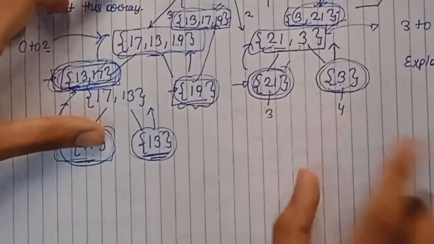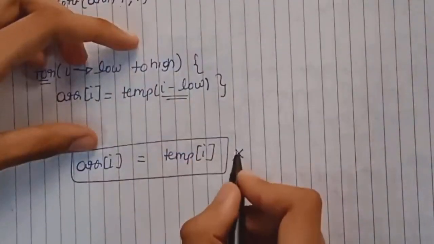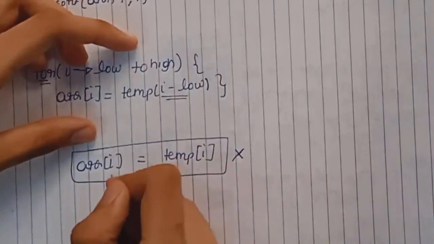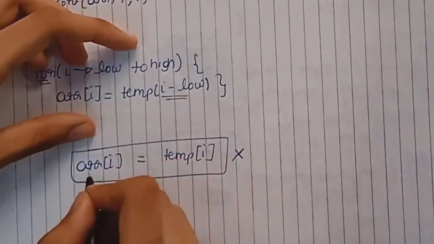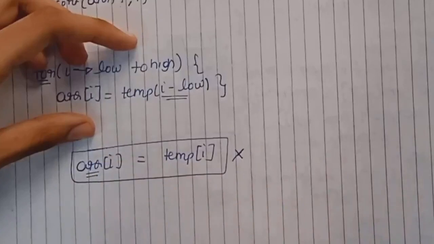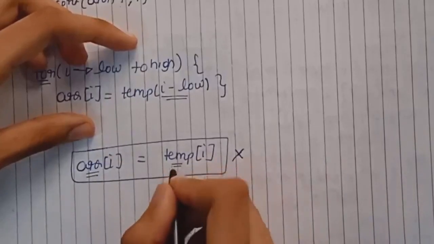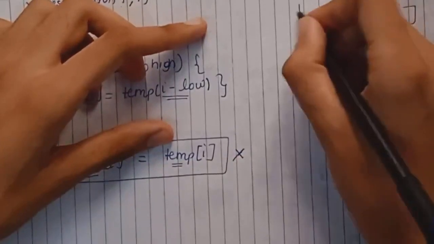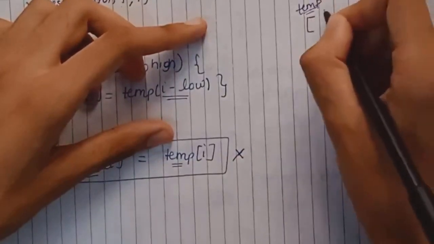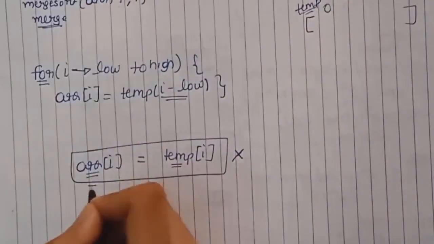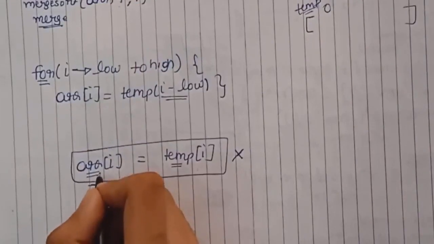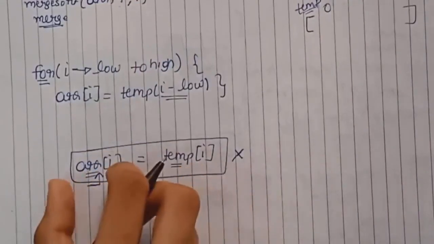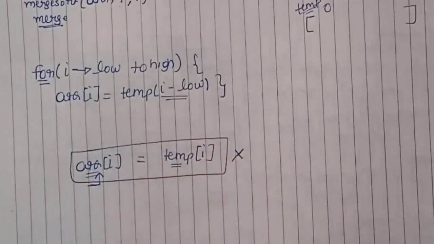So in this particular scenario, if you write this code, then it would be wrong, because the actual index of this ARR was not starting from 0, but the actual index of temp will be starting from 0, because the temporary array that you will be having will be starting from 0. But the actual index of ARR, where we need to put the element, is not starting from 0 here.